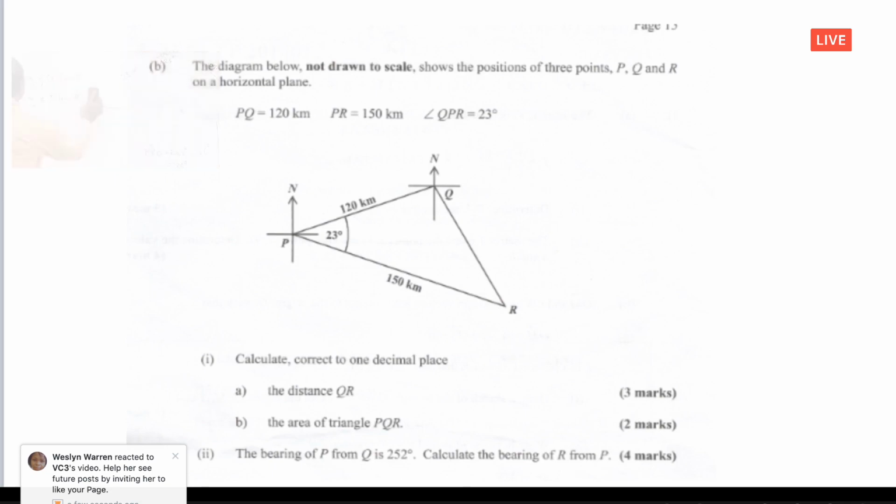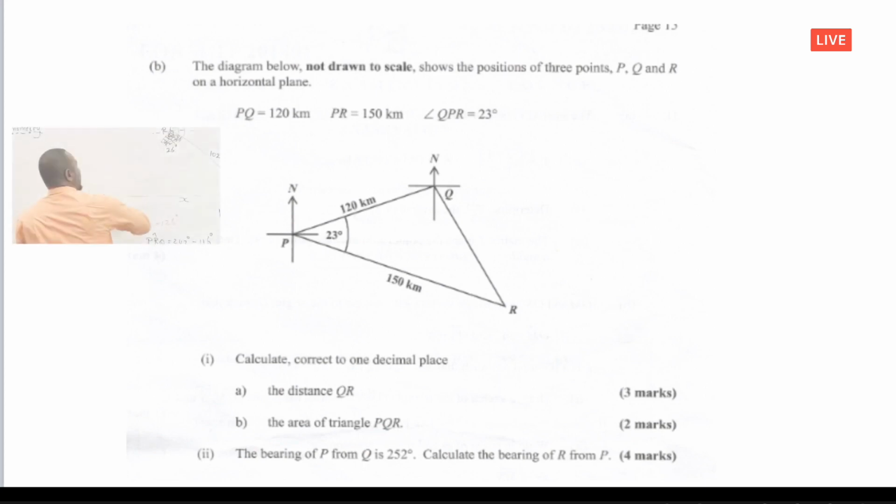So the third question is where we are looking at the position of 3 points on a horizontal plane. So we have P, Q, and R. You can see the question on your screen there.